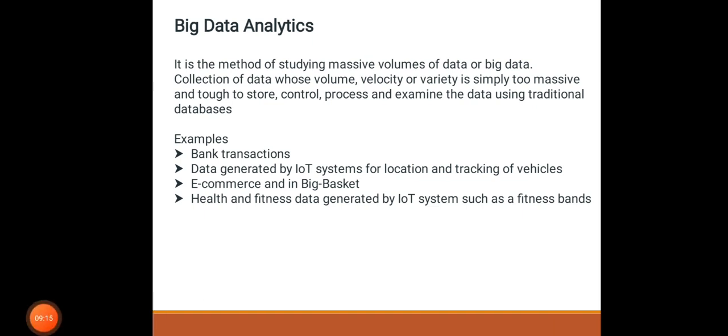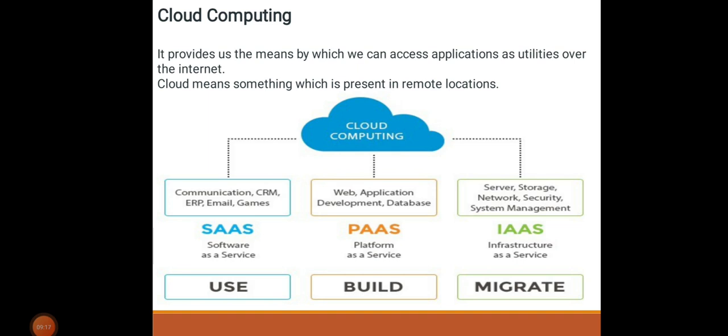Now, next one is cloud computing. Cloud computing means by which we can access applications as utilities over the internet. Cloud means something which is present in a remote location.